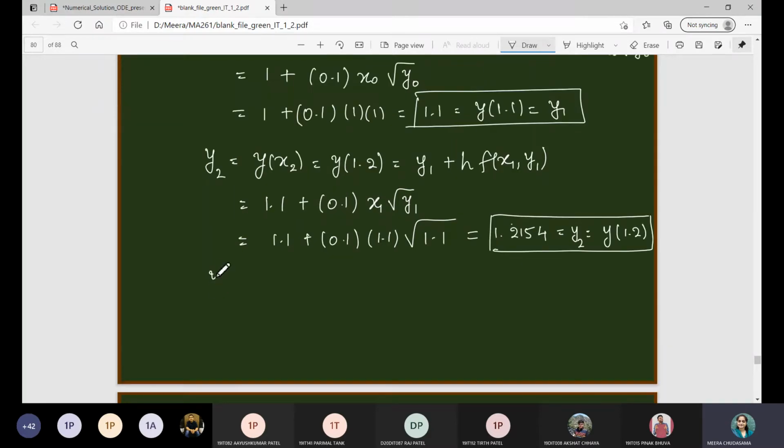From this, the third approximation will be y at x3, that is y at 1.3.